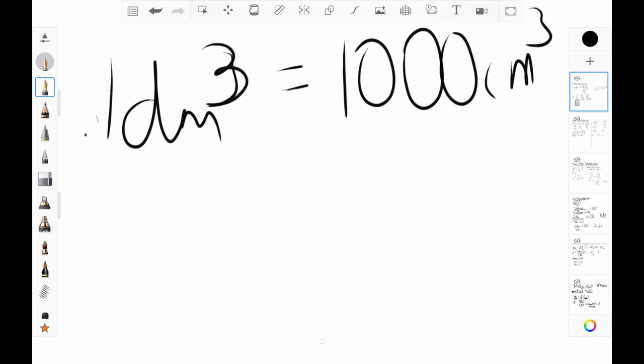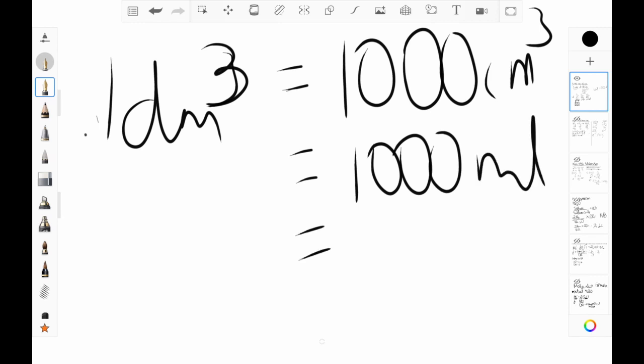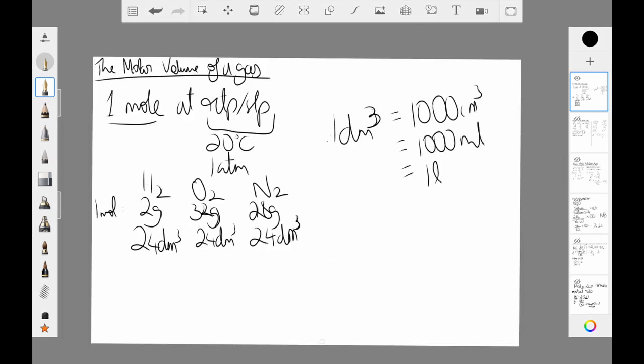And 1000 cm cube is 1000 milliliters, and 1000 milliliters is 1 liter. This will be important once we look at solutions and concentrations. And that's about it for the molar volume of a gas. And now we come on to concentrations and solutions.